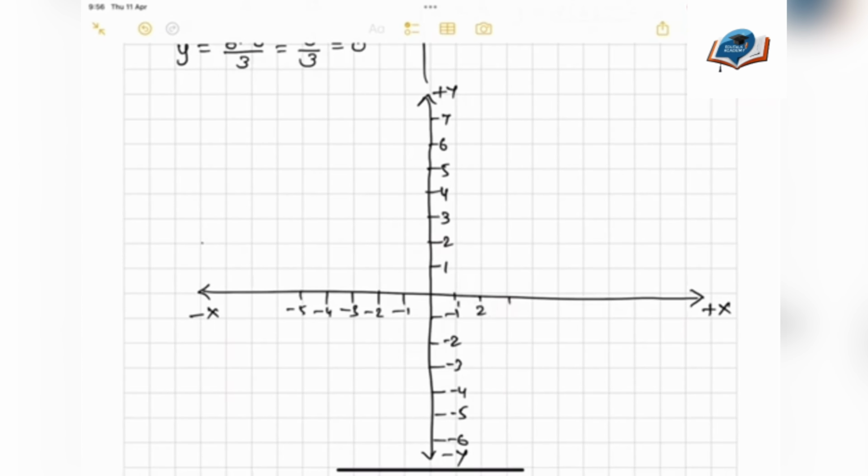So let me put minus 1, minus 2, minus 3, minus 4, minus 5, minus 6 and on the positive side 1, 2, 3, 4, 5, 6, 7, 8. Now for the first graph we are putting the points, and I am marking them with black ink.